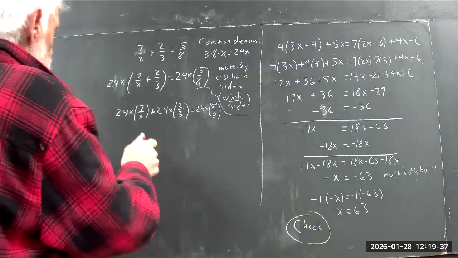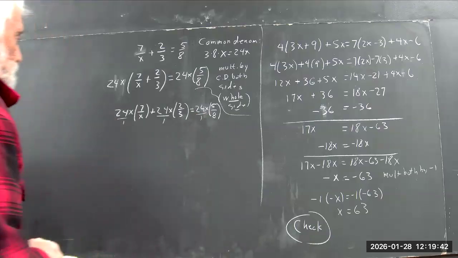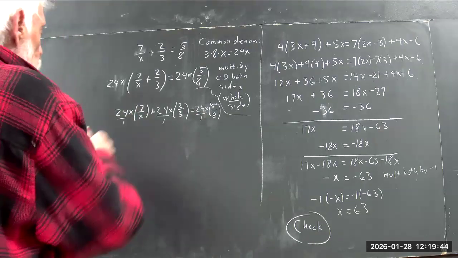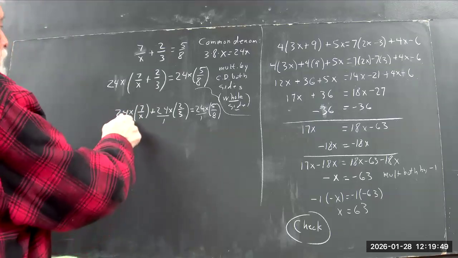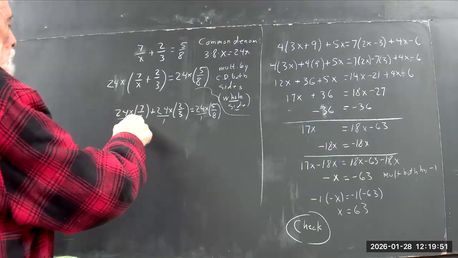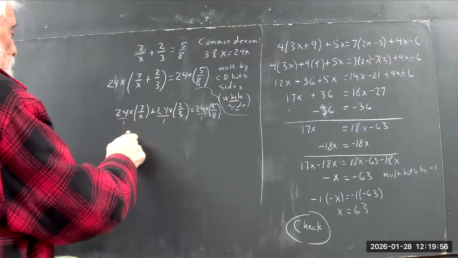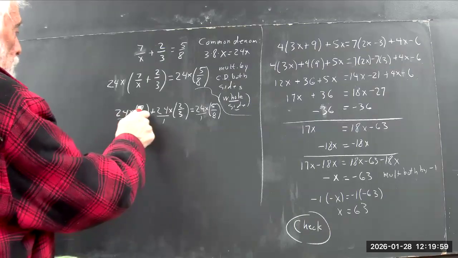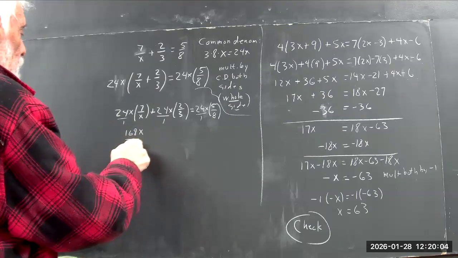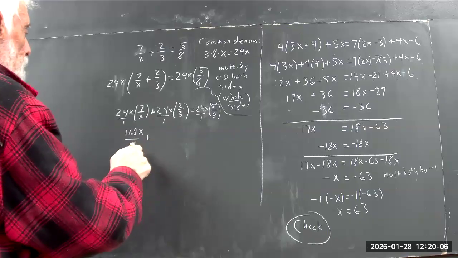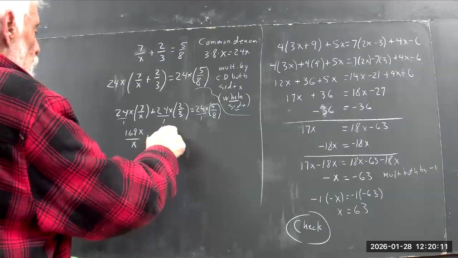Now, every 24x, I'm going to write as 24x over 1, just to remind myself that the 24x is going to be in the numerator and the 1 is going to be the denominator. So the 24x multiplied by 7 over x becomes, I'm just going to multiply it up, 24 times 7 is 168x over x, plus 24x times 2 is 48x.